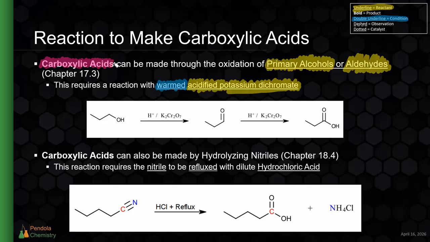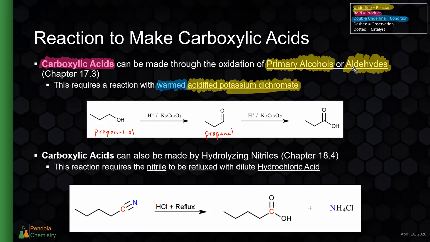And of course, the carboxylic acid we create will depend on the alcohol or aldehyde that we start with. So for example, if we were to start with this primary alcohol right here, let me get my pen. So it's 1, 2, 3. So that's propanol, or propan-1-ol, because the hydroxyl group is on the first carbon. That alcohol would get oxidized by potassium dichromate into propanal.